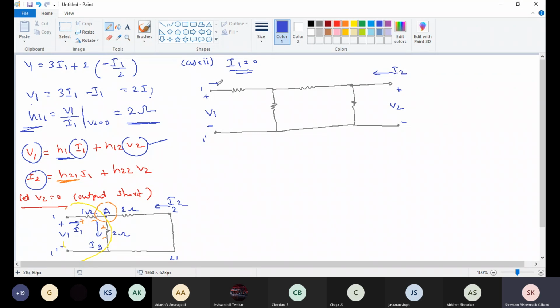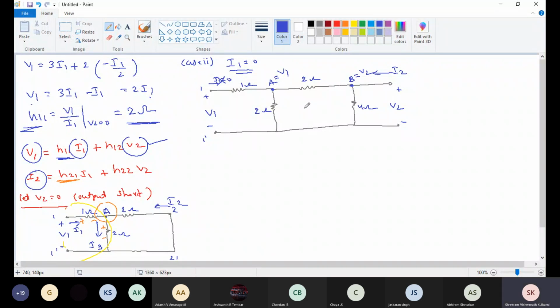I1 is 0, no current. This one is given as 1 ohm, 2 ohm, 2 ohm, 4 ohm. Now we are going to mark these points as A, B, and the voltage at node A is V1 and the voltage at node B is V2.